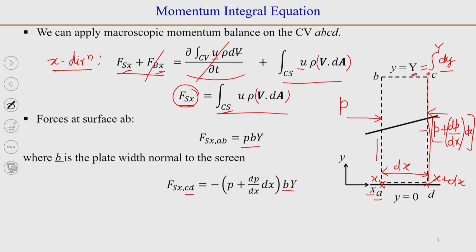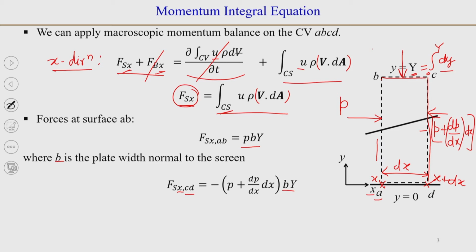Now, in the x direction on these two surfaces AB and CD, the forces will be because of normal forces. Now, if we look at surface BC, on the surface BC the pressure will act in the y direction or in the negative y direction. So, we will not need to consider the pressure force on this surface, because what we are considering is F S x, or force along the x direction. The other surface force is because of shear or viscous forces.